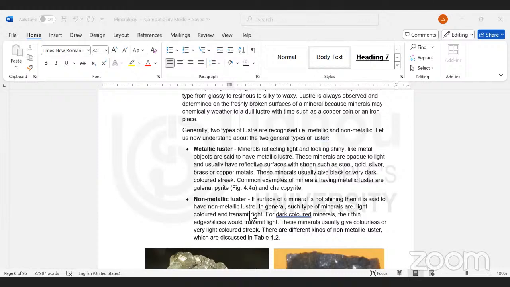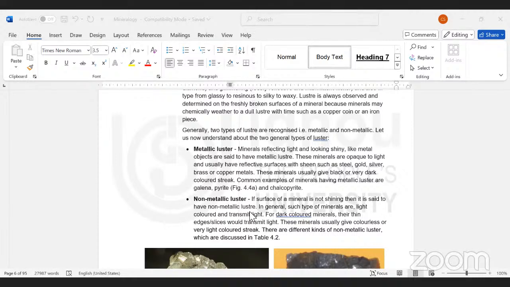The minerals reflecting light and looking shiny, like a metal object, those properties are known as metallic luster. Sometimes we see it in steel, gold, silver, or copper minerals. Those have this reflecting sense.